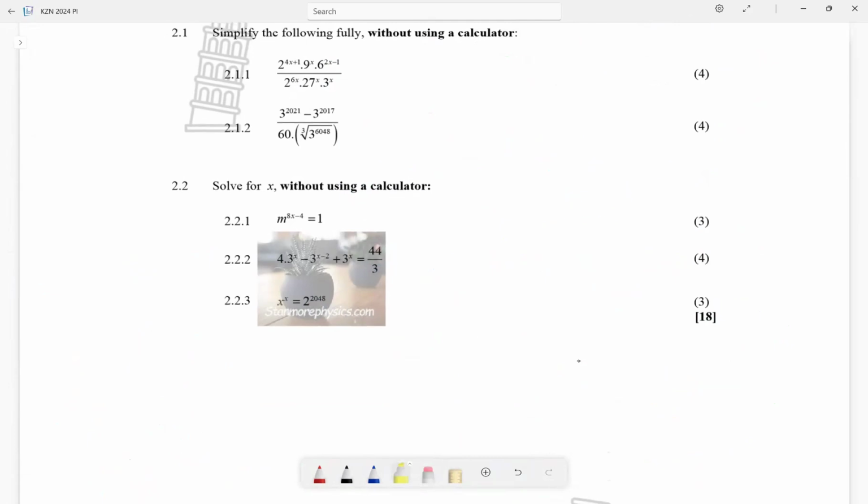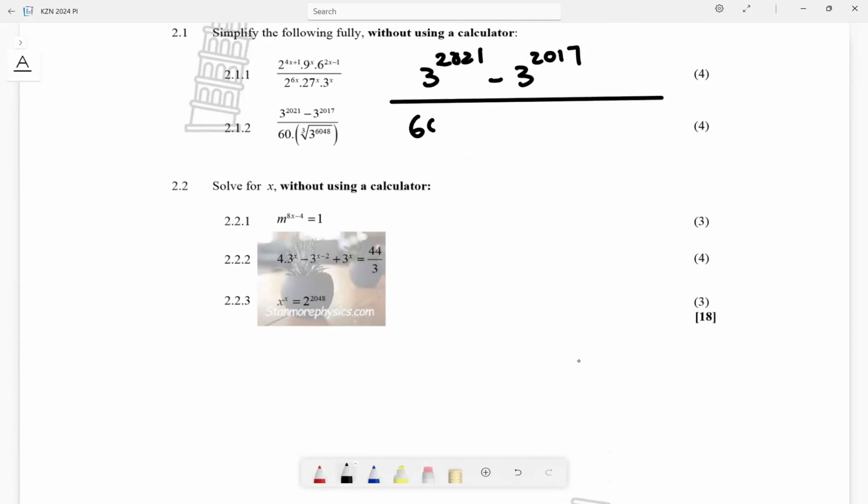I have 3 to the power of 2021 minus 3 to the power of 2017, all divided by 60 multiplied by the cube root of 3 to the power of 6048. Remember, you do not use a calculator in these equations. So let's leave this one as it is for now and see what is happening at the top.